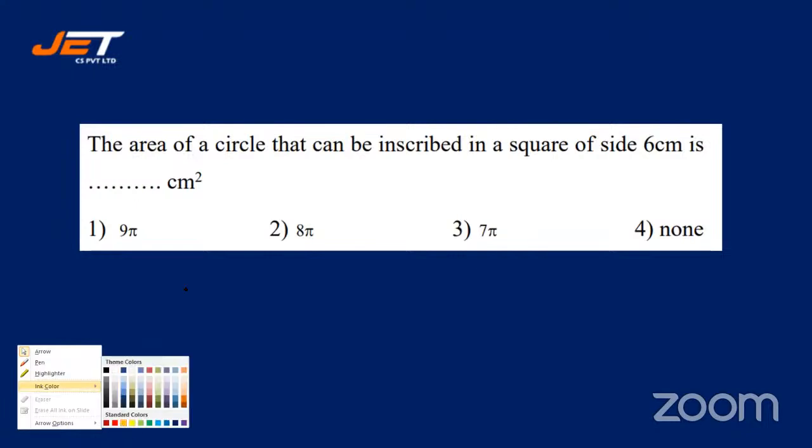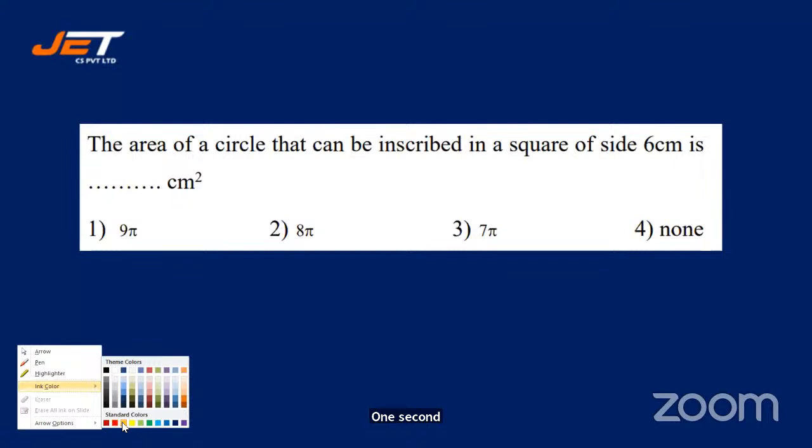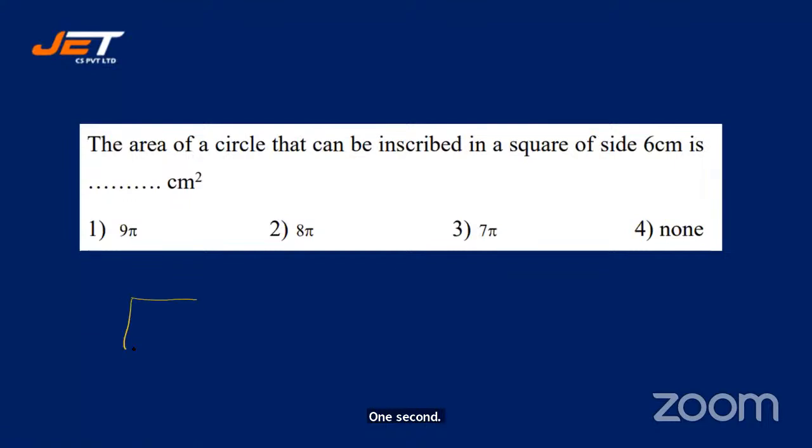Yes, let me give you the figure. You have a circle here. The area of a circle that can be inscribed. So inside the square, you have a circle. So 1 second. See, you have a square. Inside the square, you have a circle.